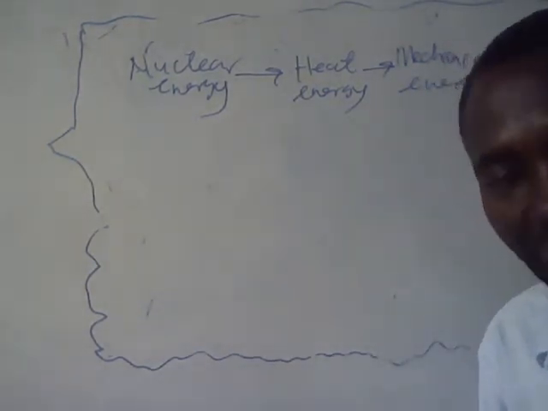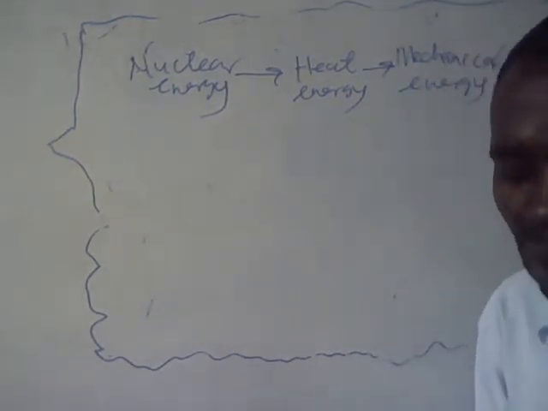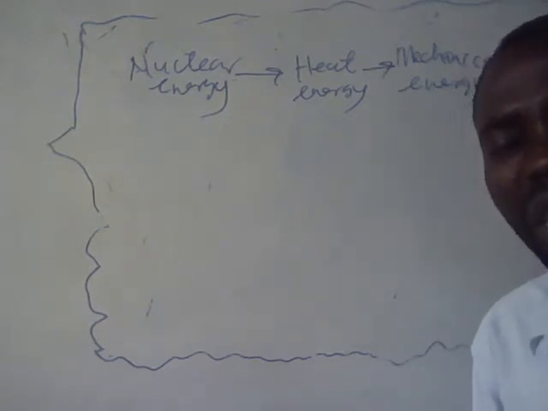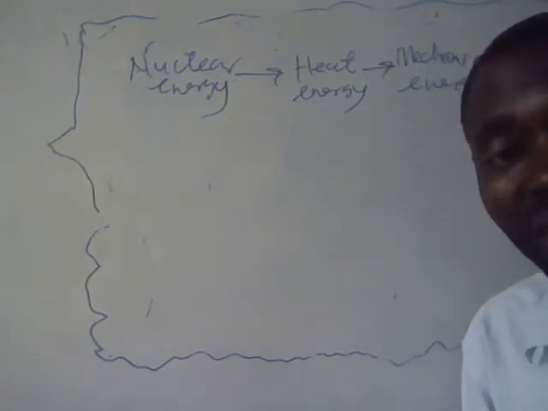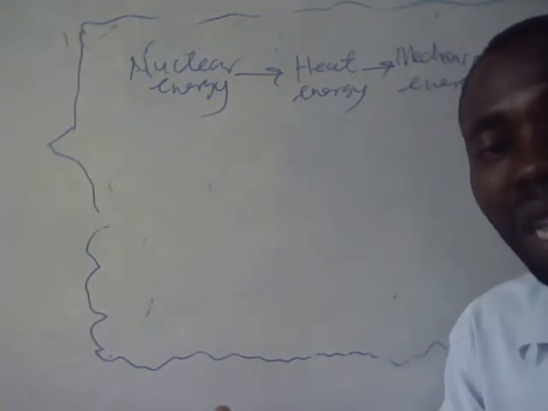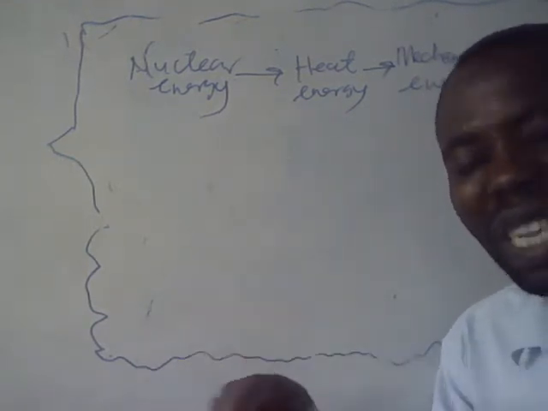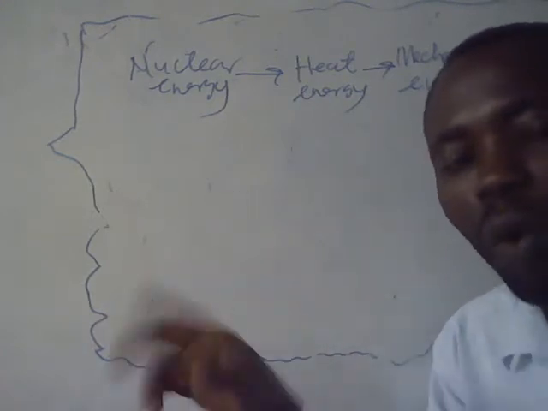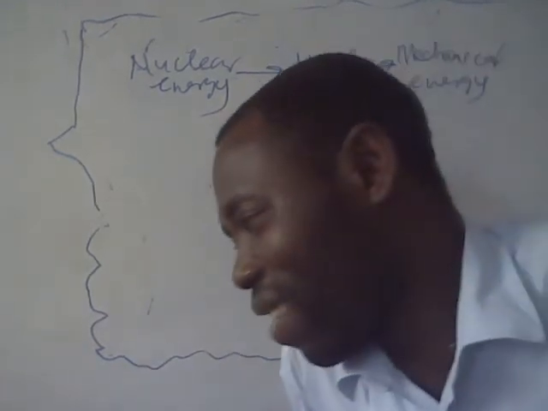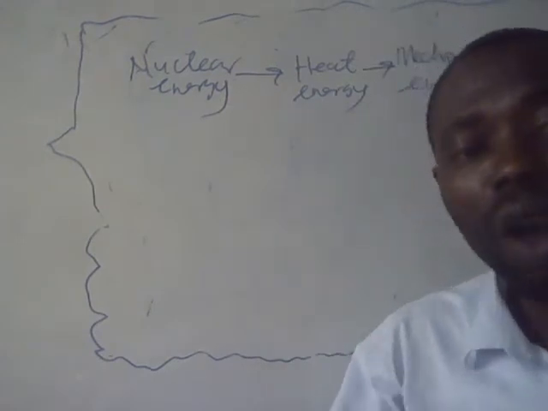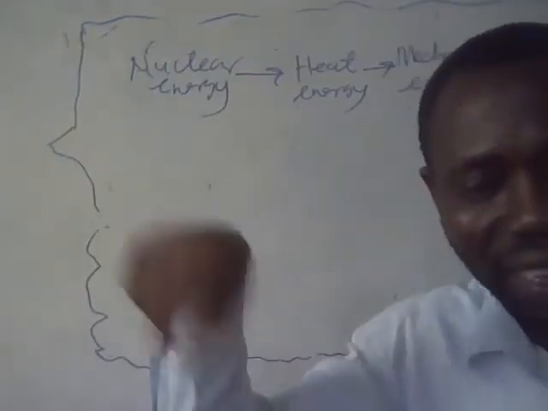The turbine which possesses mechanical energy is situated around magnets, and as it moves, it cuts magnetic lines of force of the magnets surrounding it.